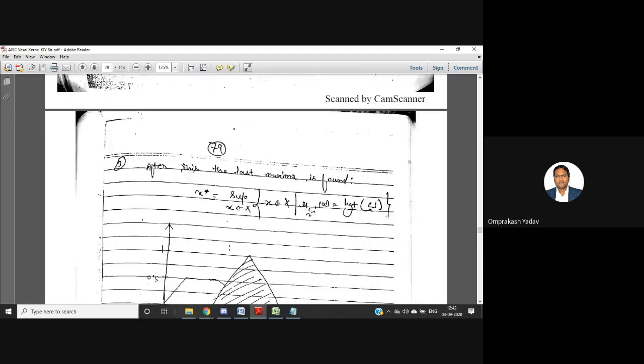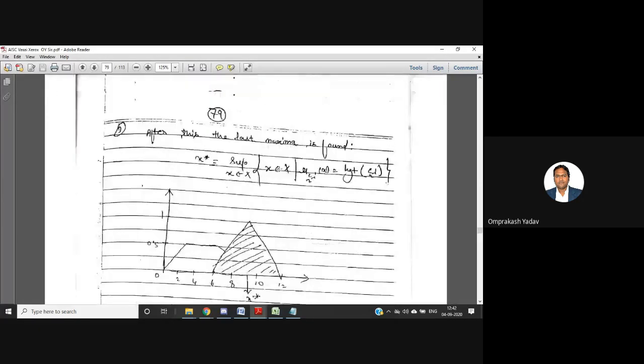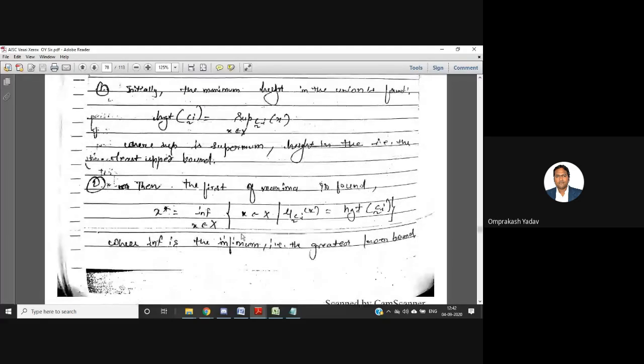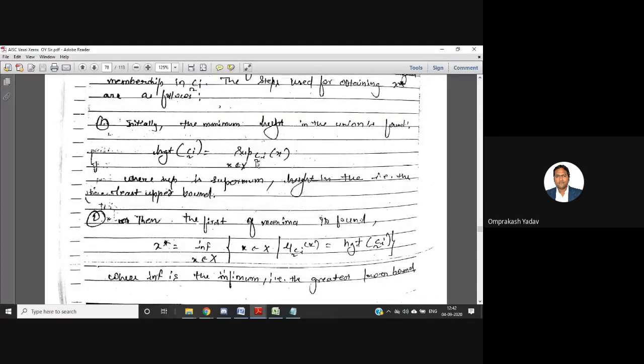We see over here and try to find which is the max height using this concept, supremum of C_i(x), where SUP is the supremum, that is the least upper bound. So this is the formula: height of C_i equals supremum of C_i(x). Okay, sir. Okay, and then this formula is there.